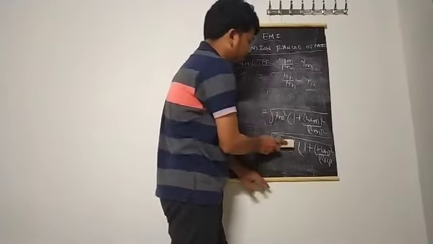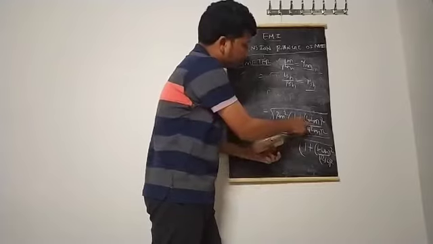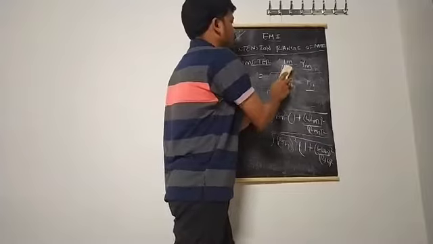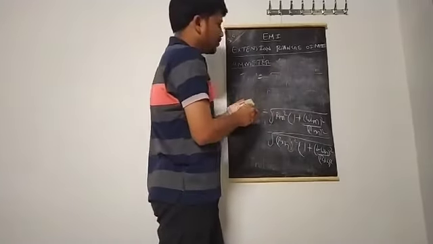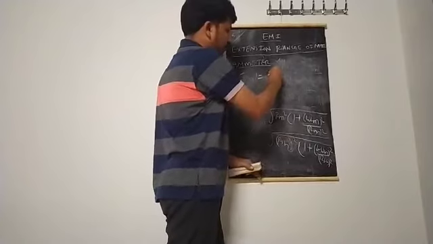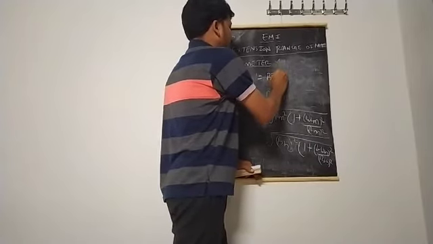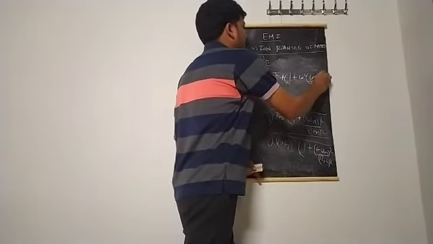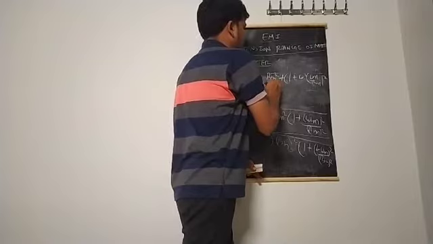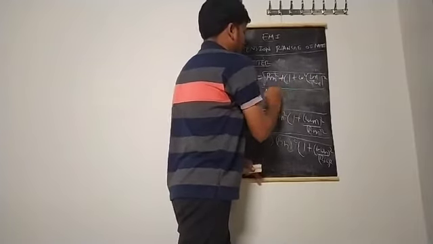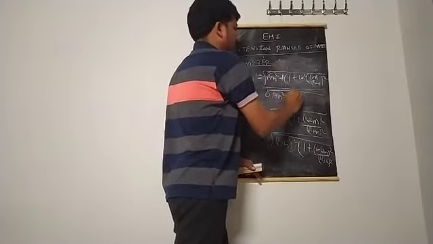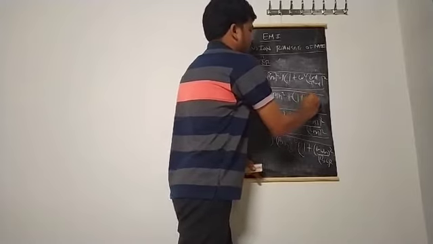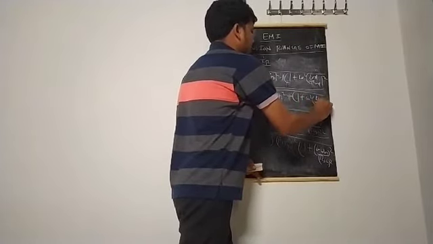Let us prove that here. So the equation came, and from this equation we take omega outside again. Taking Rm square into 1 plus omega square into Lm by Rm whole square, by RSH square into 1 plus omega square into LSH by RSH whole square.